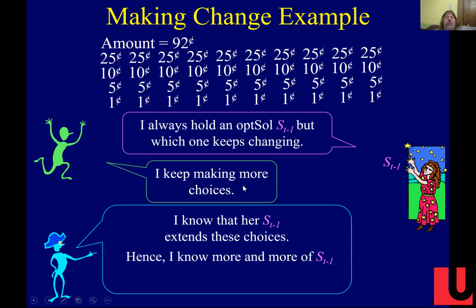And we know more and more about what the fairy godmother is holding, until in the end the algorithm has committed to everything, and we know exactly what the fairy godmother is holding.